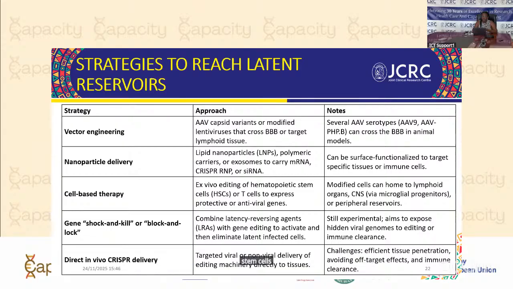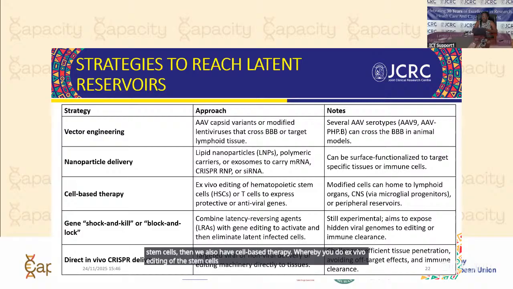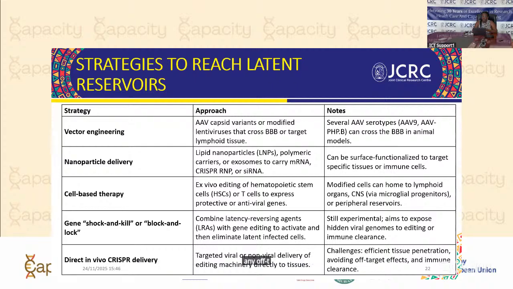Then we also have cell-based therapy, whereby you do ex vivo editing of the stem cells or the T cells, and then you give these back to the individual. That way, you minimize any off targets, and the cells can home to the different organs in a natural physiology.